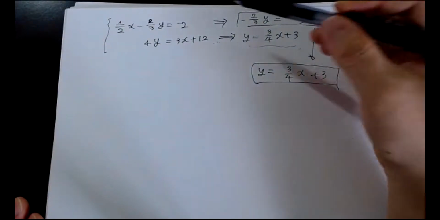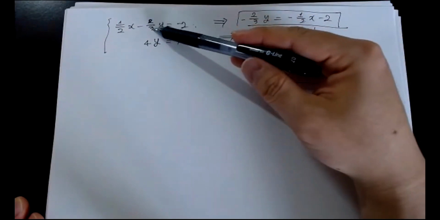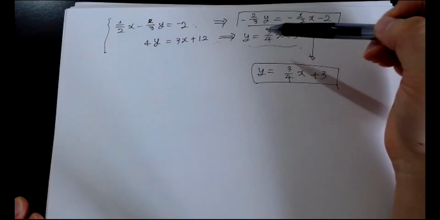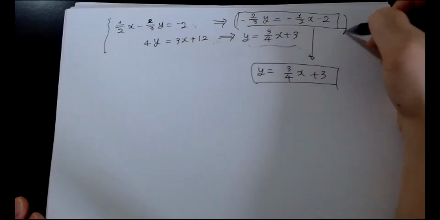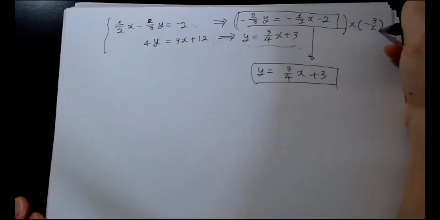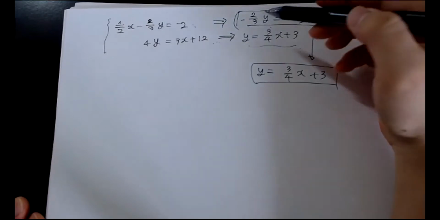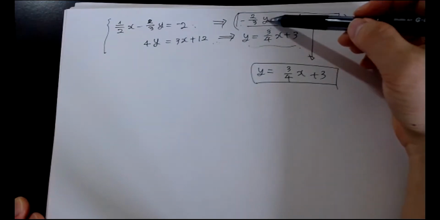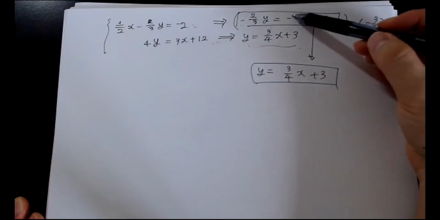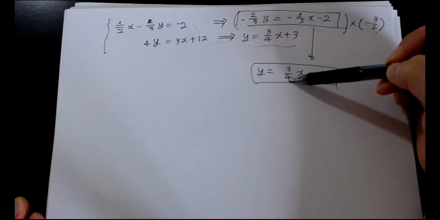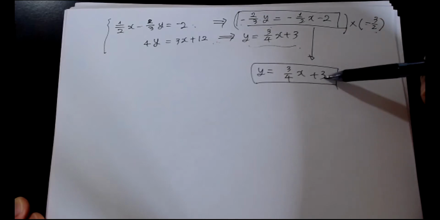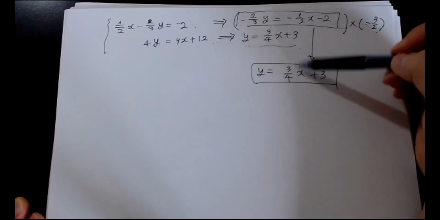For the first equation, isolate -2 over 3 y first, and then multiply by -3 over 2. Why -3 over 2? Because when you multiply -2 over 3 times -3 over 2, we get 1 as the coefficient of y, right? So -1/2 times -3 over 2 is 3/4, and -2 times -3 over 2 is 3.